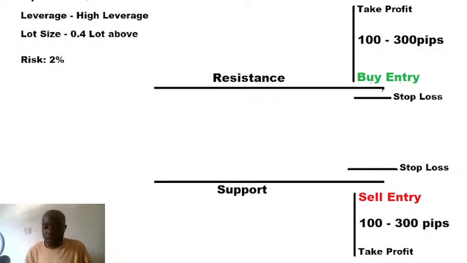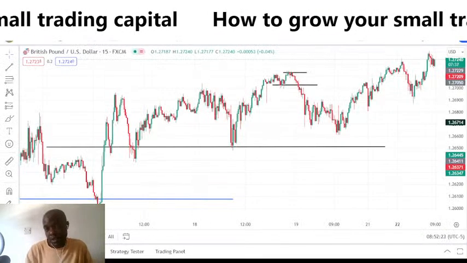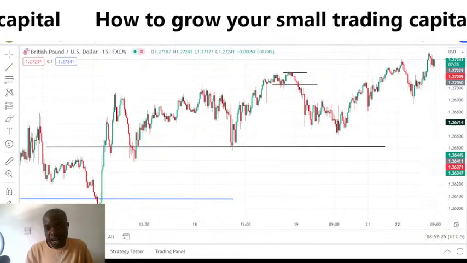So let's quickly move to the charts. This is the overview now. So this is the chart now, as you can see from the screen.